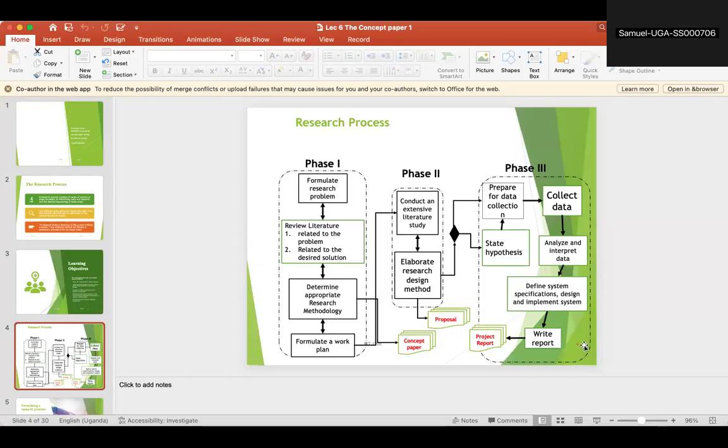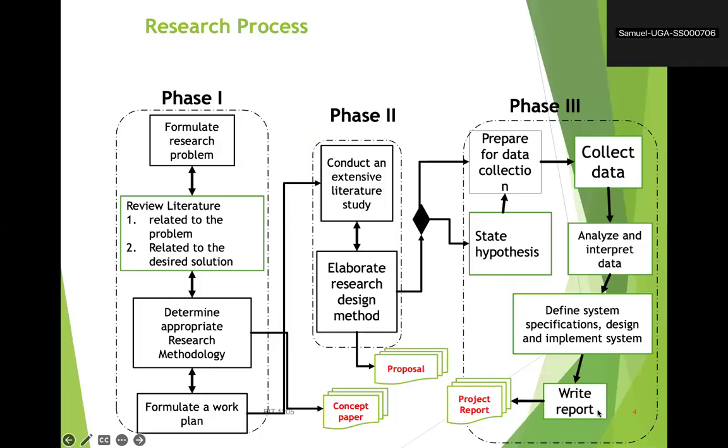So I was telling you that slide number 4 has the research process, which some we have done before. In phase 1, where you have to formulate the research problem, and then you review your literature, but the literature should be only those publications that are related to your problem that you're trying to investigate about, as well as the solution that you're proposing.